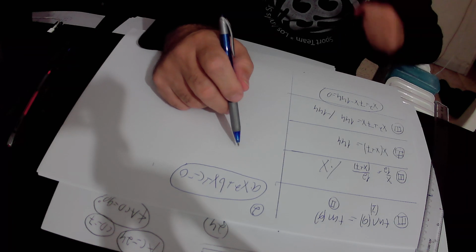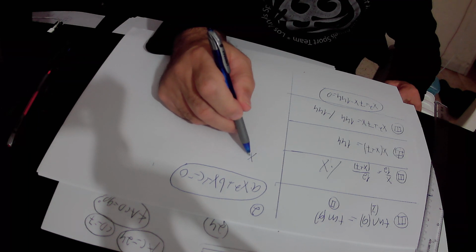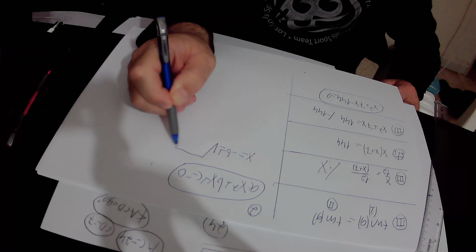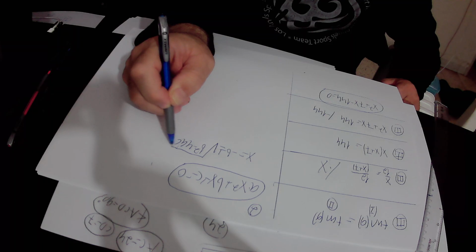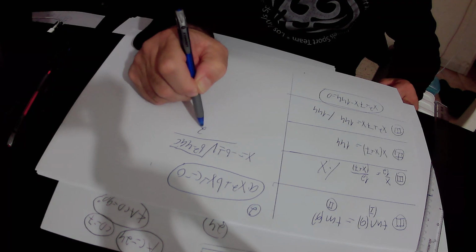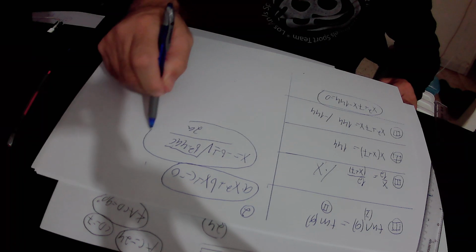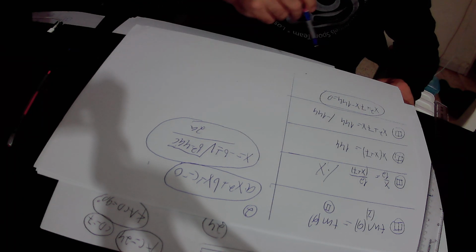And we find out the value of x according to the following formula. X equals minus b plus minus square root of b squared minus 4 times a times c over 2a. So in this equation for x, a, b, and c are also the coefficients of this quadratic equation.